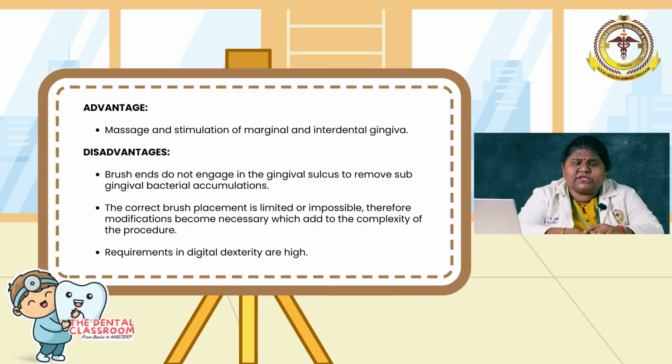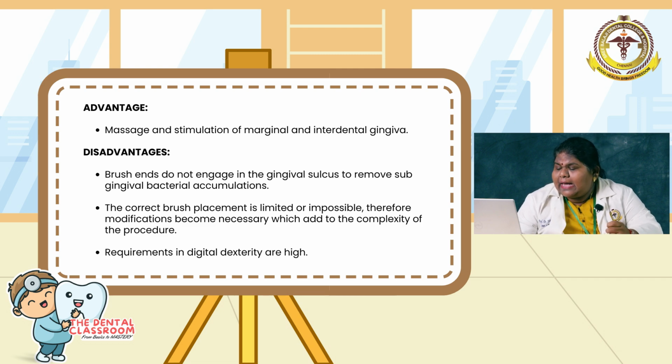The main advantages are massage and stimulation of the marginal and interdental gingiva, and the brush ends do not engage the gingival sulcus to remove subgingival calculus. Correct brush placement is limited or impossible, therefore modification becomes necessary, which adds to the complexity of this procedure. So it requires digital dexterity in this method.